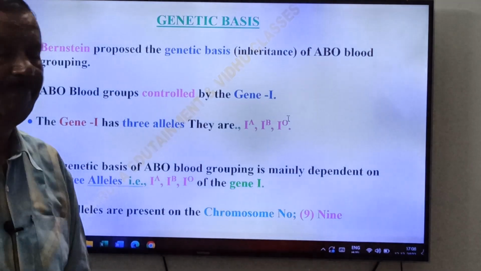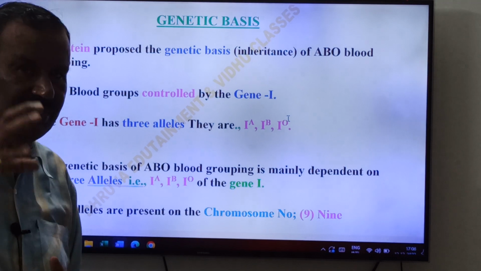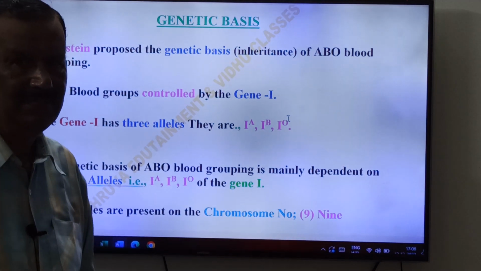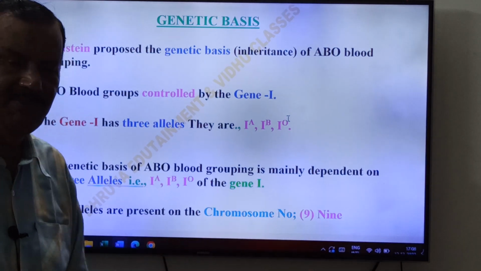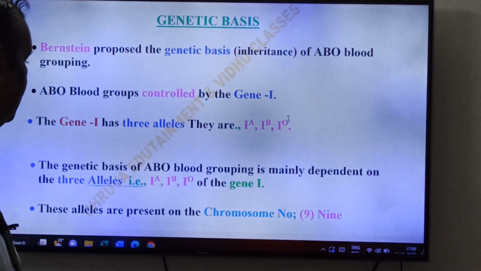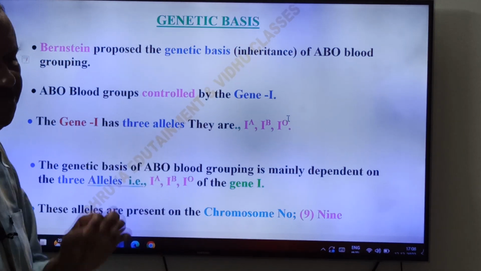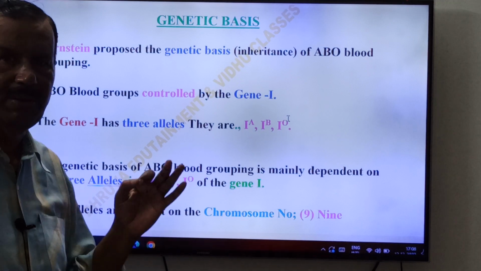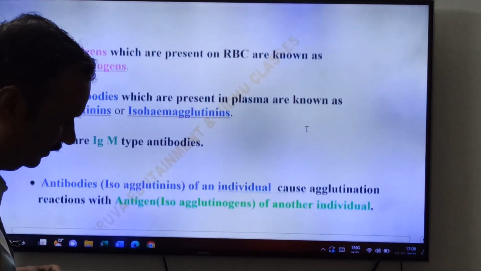They are controlled by the gene I, which has 3 alleles: IA, IB and IO. I stands for isoagglutination, and gene I is present on chromosome number 9.